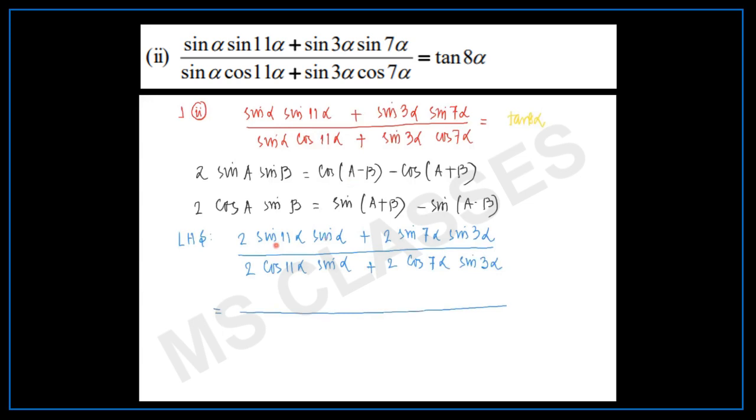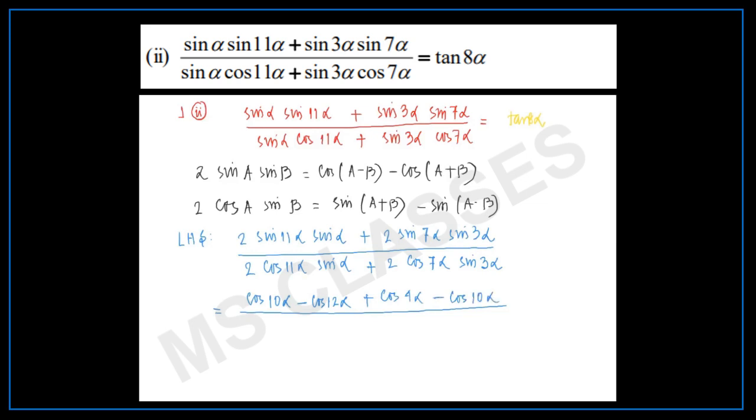So 2 sin A sin B: by convention we take the larger one as A, smaller one as B. So this is cos(A minus B), cos(11 alpha minus alpha), 10 alpha, minus cos(11 alpha plus alpha), 12 alpha, plus again 2 sin A sin B form: cos(7 alpha minus 3 alpha), 4 alpha, minus cos(7 alpha plus 3 alpha), 10 alpha.